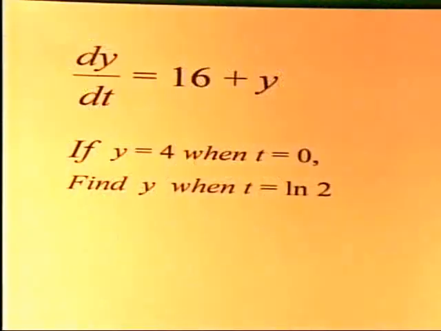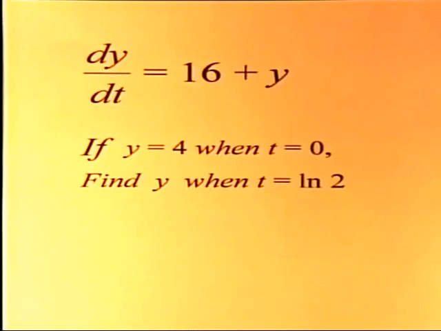Okay, Myra, here we go. You ready? Okay, let's try this. This is a little harder one. You have to separate the variables. Okay, so how do I do that?